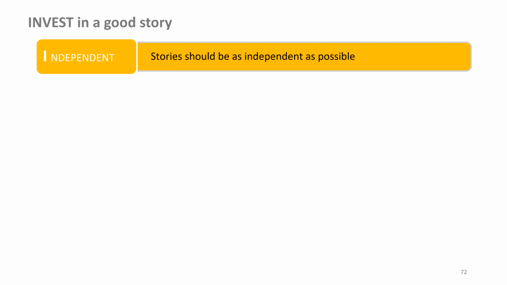Invest in a good story. The second acronym are the INVEST criteria. User stories should be independent of each other. When we write user stories, we open up a solution space, so we can negotiate what the solution looks like.